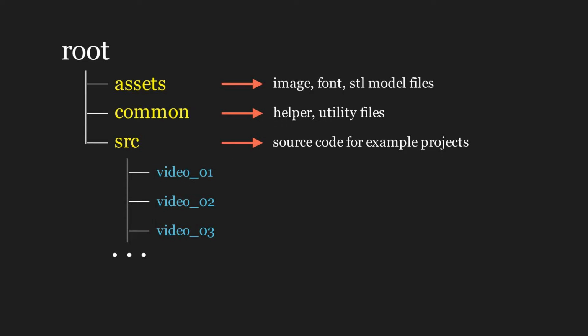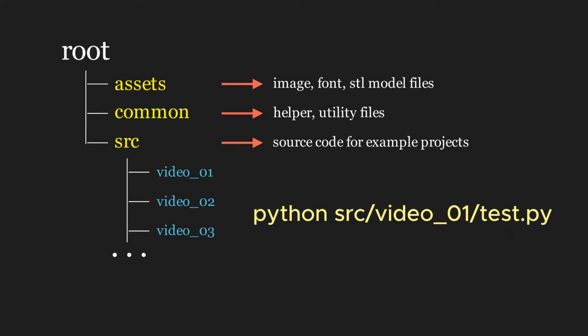You can run example projects from the root directory. For instance, if we run a project implemented in the test.py file located in the src/video01 folder, we can execute it with the following command. Before delving into the detailed programming steps, let's begin with a simple example demonstrating how to utilize the PyGFX rendering engine. Initially, we import the PyGFX rendering engine and proceed to create a torus knot object.